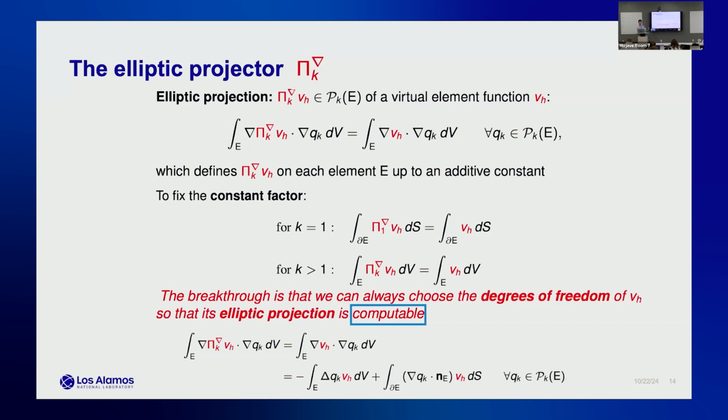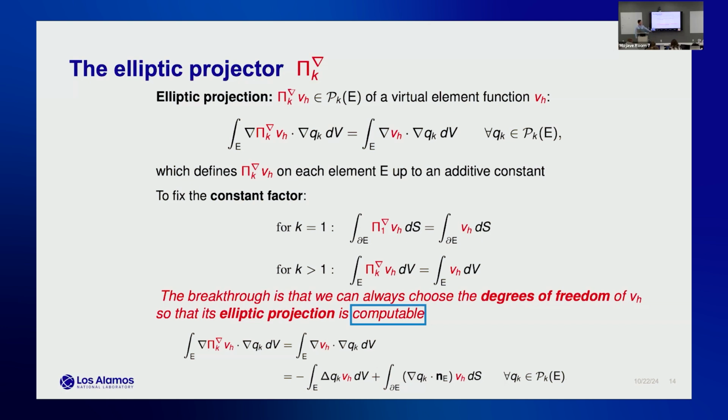We know how to compute it. VH, we don't know what VH is, but VH restricted to the boundary is a polynomial. So the second term, we have no problem computing. For the first term, here, Laplacian of q multiplied by VH, for k equals 1, we don't have this term, it's literally 0.